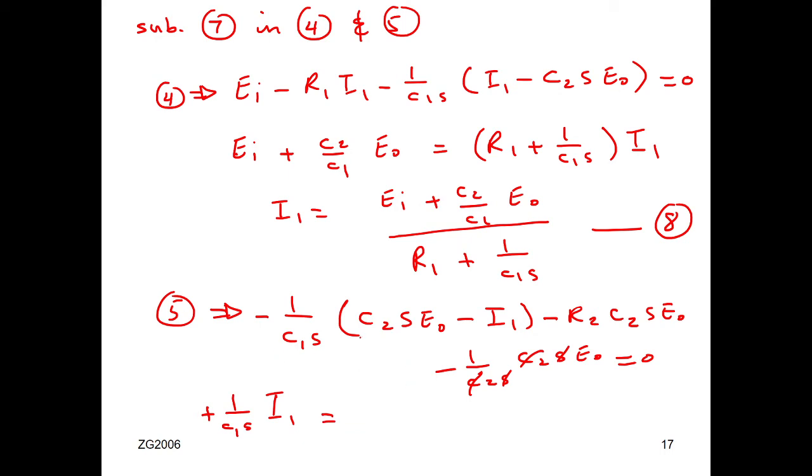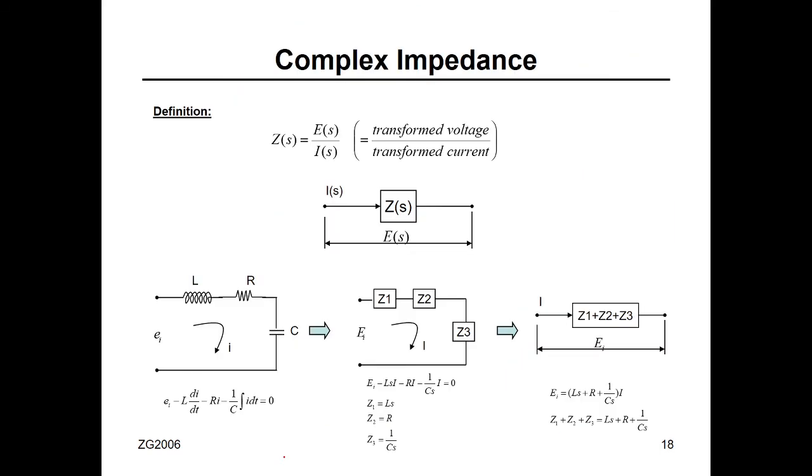And the rest, take it to the other side, negative becomes positive: C2 S over C1 S, it's going to be C2 over C1, E out, plus R2 C2 S E out, plus the last term, which is 1, all multiplied by E out. Now just solve for I1.